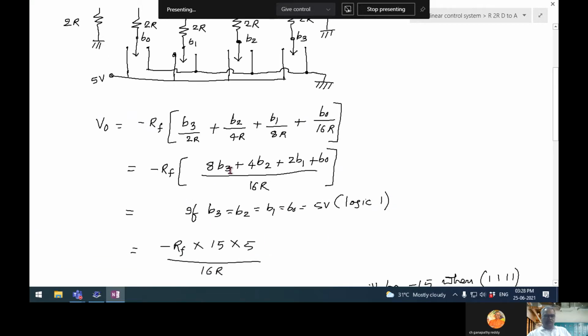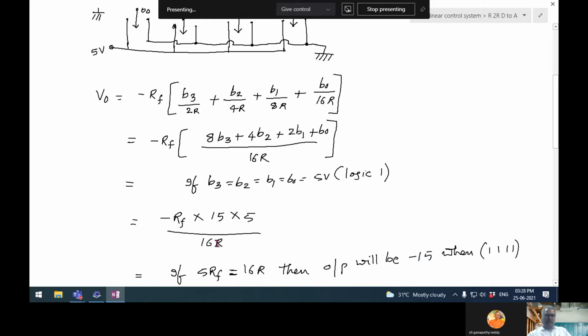So we are considering 5 volts as logic 1. Now, if all are 5 volts, what is this numerator? 8 plus 4 is 12, plus 2 is 14, plus 1 is 15, and each value is 5. So 15 into 5, minus RF by 16R.